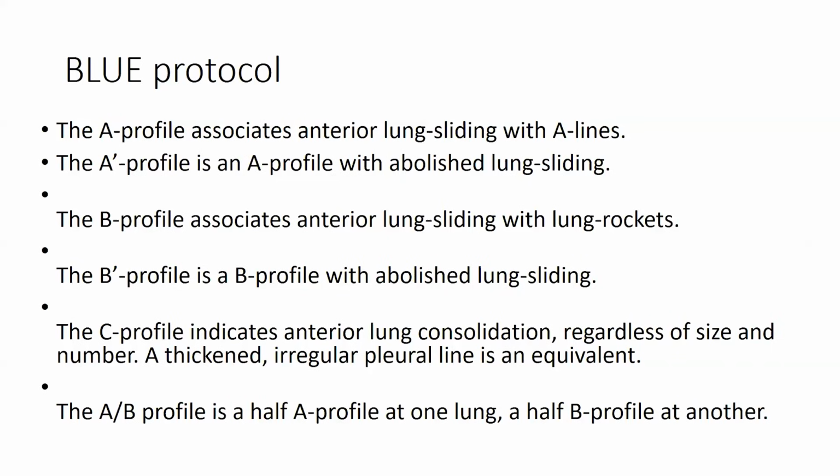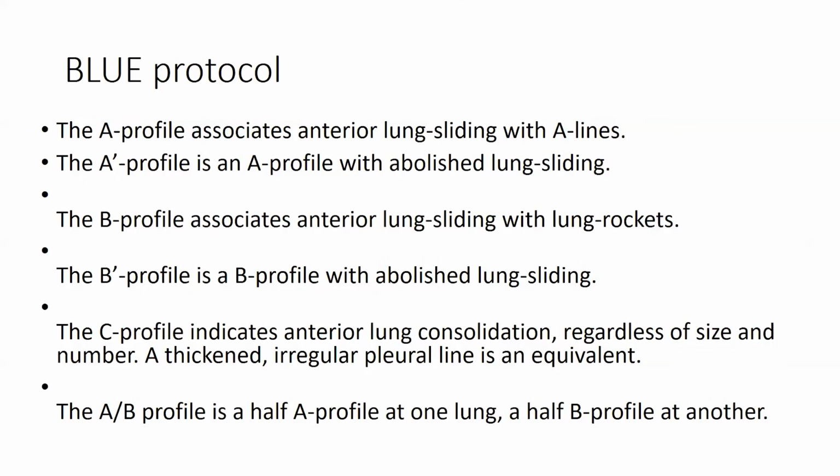So let us understand the different terminologies that the BLUE protocol uses. A profile is when you have lung sliding with A lines. A dash profile is when you have A profile with abolished lung sliding. B profile is when you have lung sliding along with lung rockets. B dash profile is when you have B profile with abolished lung sliding.